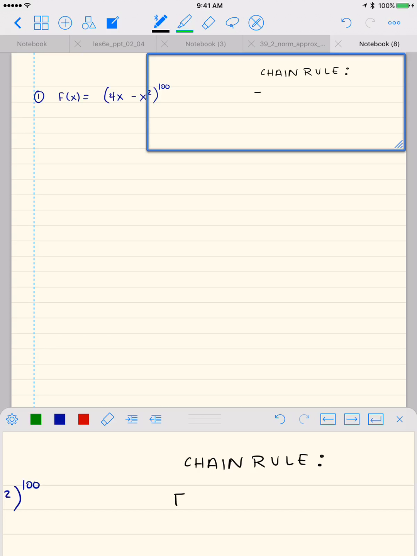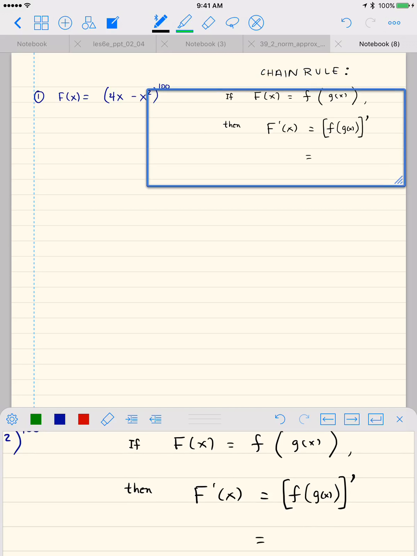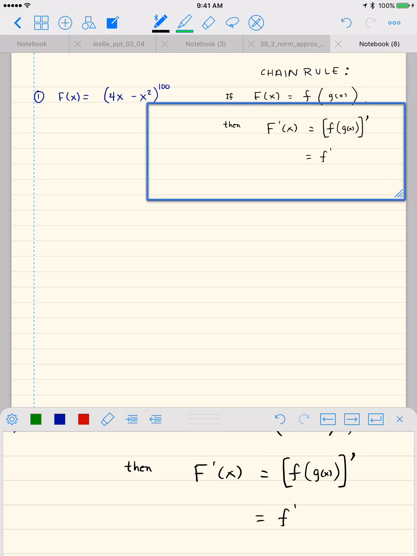So if we've got a function, say big F of x is equal to little f of g of x, then f prime of x, which is the same thing as f of g of x, all of that prime, is equal to, and here's our formula, f prime of g of x times g prime of x.